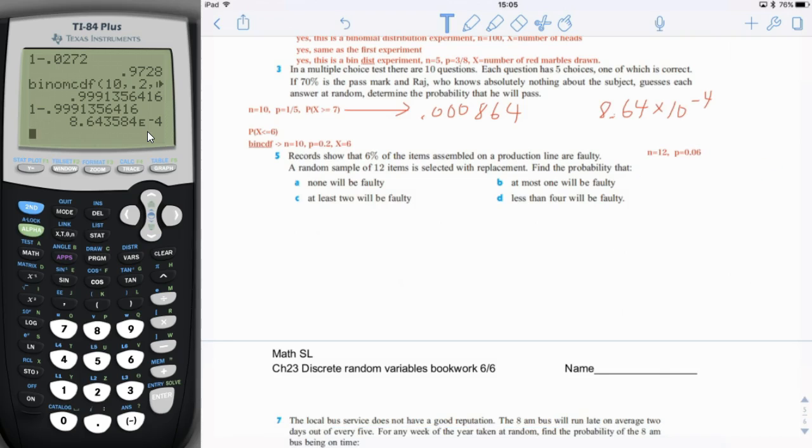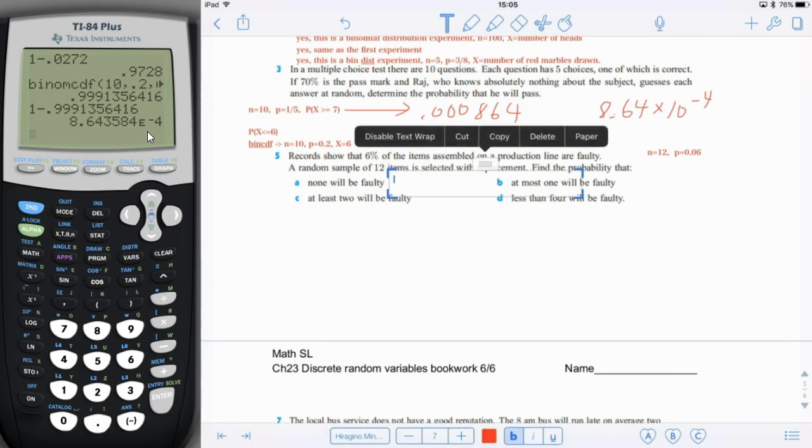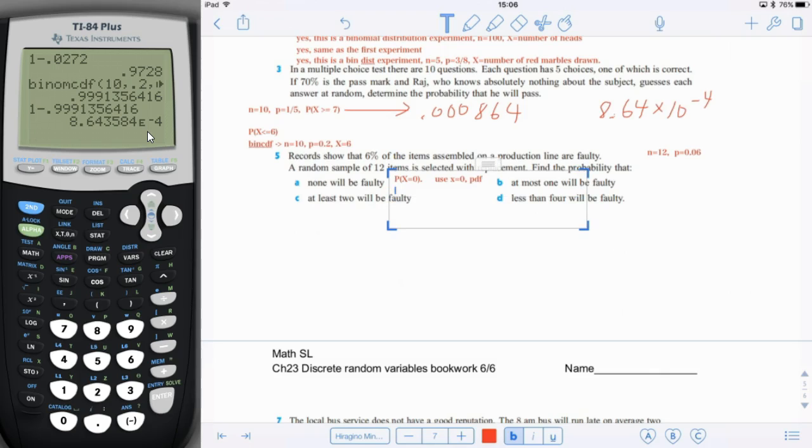Okay, probability that none are going to be faulty. So the probability that X is equal to 0, we are going to use X equals 0 on the calculator, and we're going to use PDF, not CDF. And for at least 2 will be faulty, that's the probability that X is greater than or equal to 2.